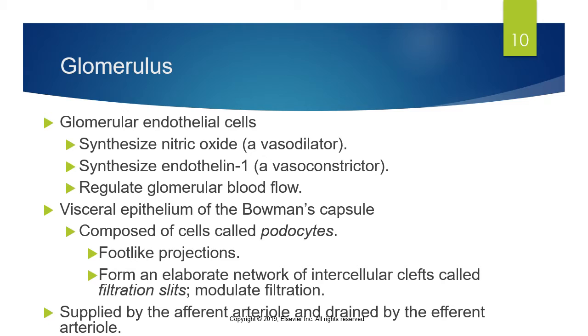So within the glomerulus, blood supply comes in through the afferent arterioles and goes out through the efferent arterioles. And then there's Bowman's capsule, and it's composed of cells called podocytes. And that forms an elaborate network of the clefts called filtration slits, and that modulates filtration.